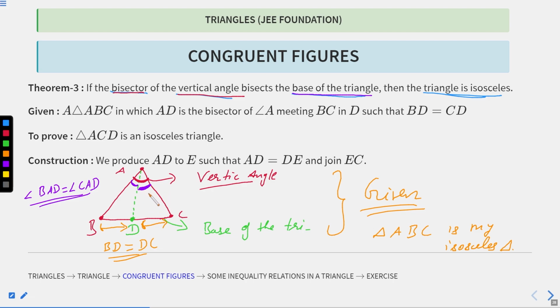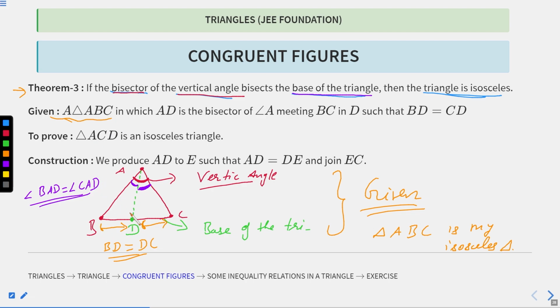So how will we prove it? Don't get too confused with the terms. Just follow the theorem and my instruction. Do not get confused with the words and the language here. Just follow my lead.